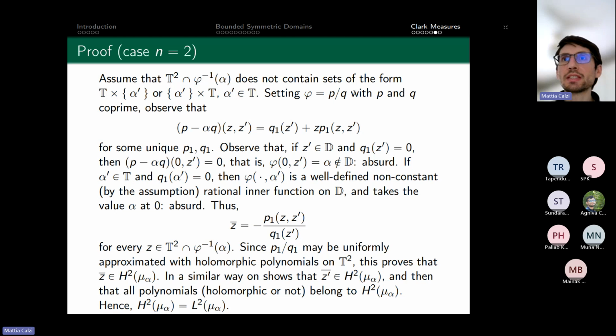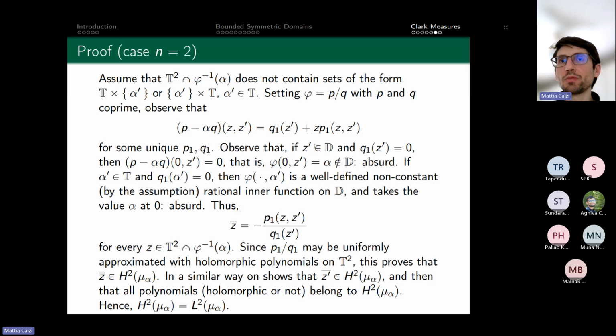And so in this case, we may consider this polynomial here, which is 0, mu alpha almost everywhere, and decompose it as a polynomial which does not depend on z plus a remainder. And these polynomials are unique. So what happens is that Q1, this polynomial here, does not vanish on the closed unit disk.